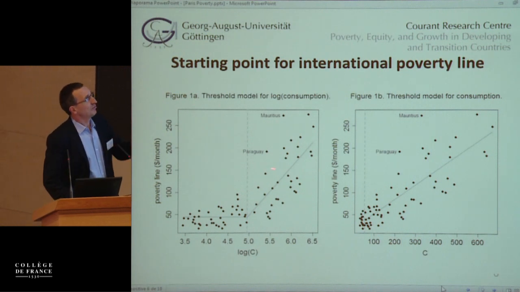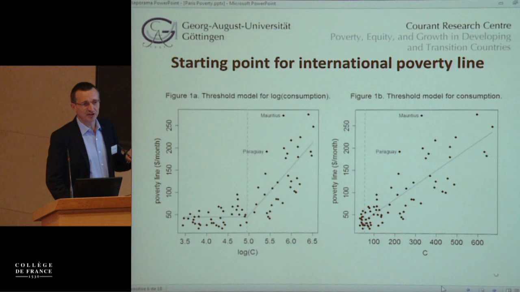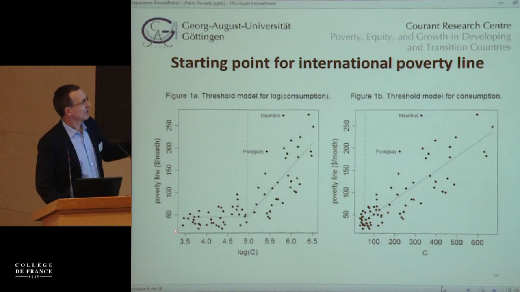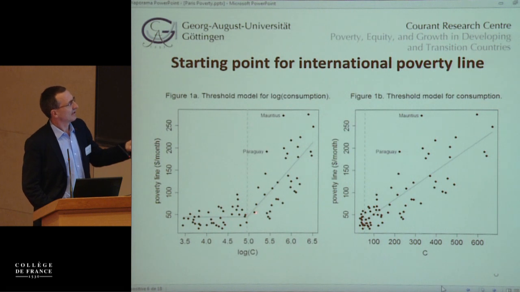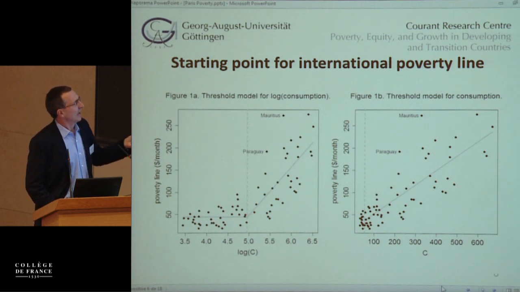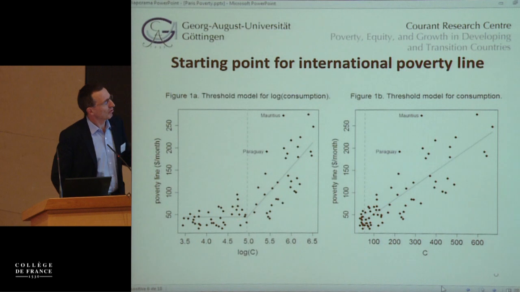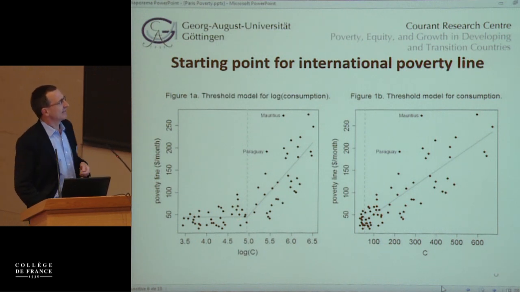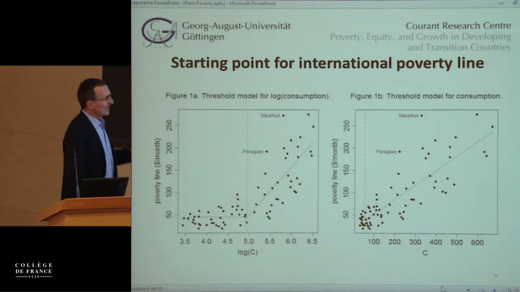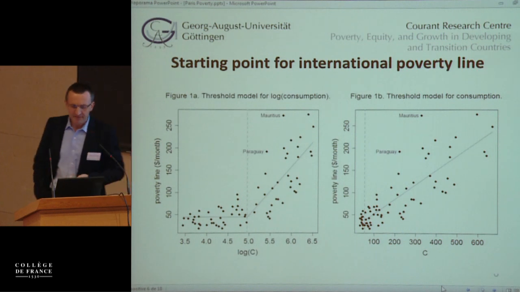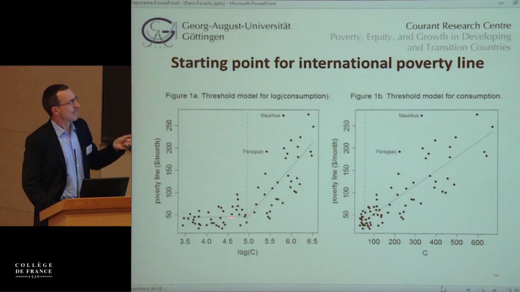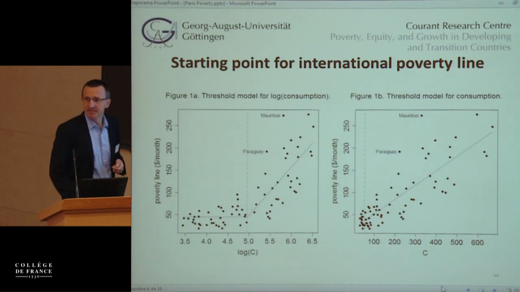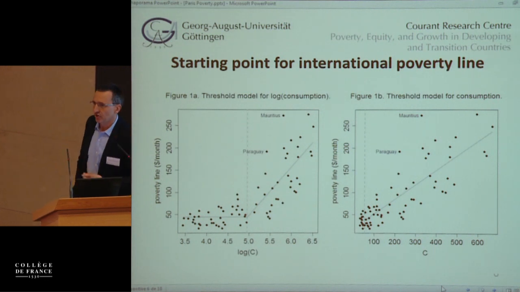So here you have Latin American countries, they're much richer, they have much higher poverty lines. Here you have most of the African countries, but also India, somewhere, India is actually here, I think, and some poorer South Asian countries. And so the basic idea of the $1.25 line is we take the average of this line, and that becomes our international poverty line.